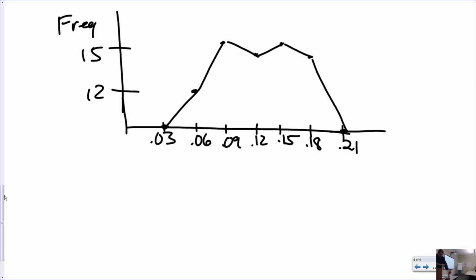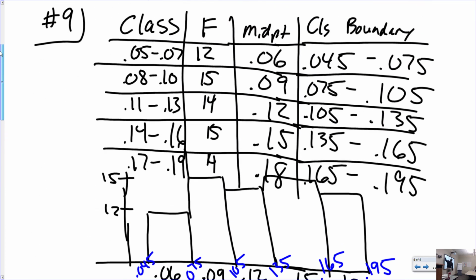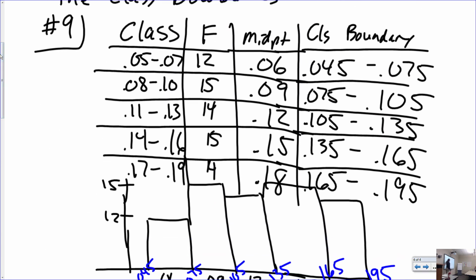How come in school when they're teaching you about these, they don't tell you about using midpoint? Well, because in school, it's a real pain to create these classes that are grouped, right? I mean, it's a lot of work, okay? And so most middle school and grade school teachers already have enough work dealing with middle schoolers and grade schoolers.